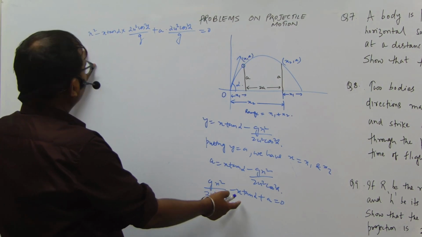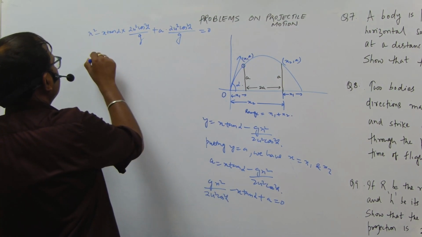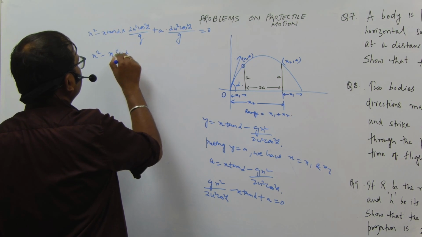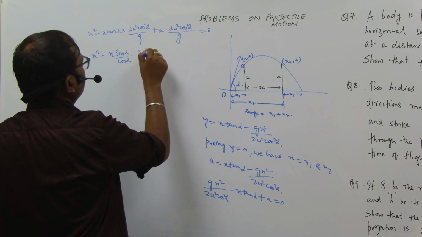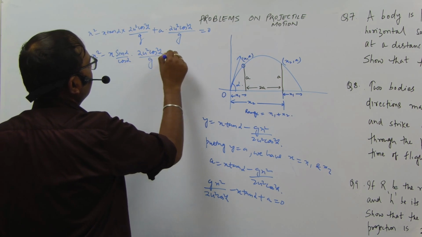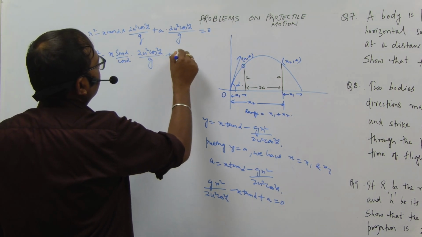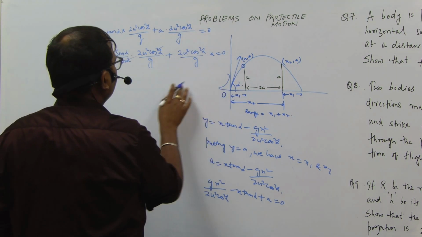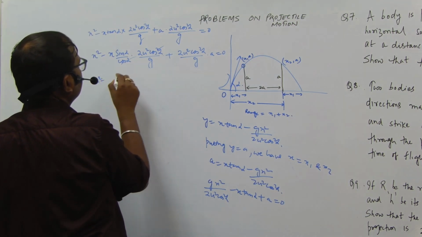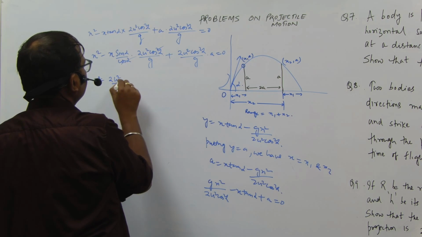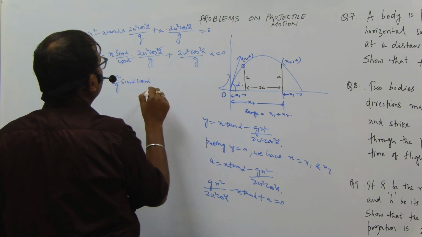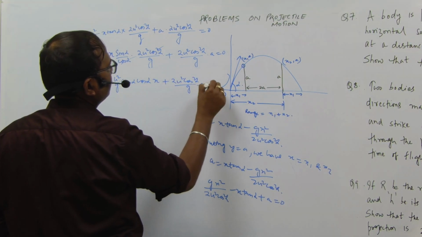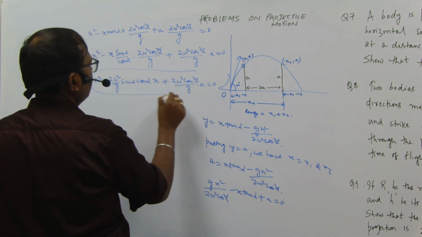Further simplifying, x tan alpha we can write as sin alpha upon cos alpha into 2u square cos square alpha upon g. So we have x square minus 2u square upon g sin alpha cos alpha into x plus 2u square cos square alpha upon g into a is equal to 0. This is our quadratic equation.